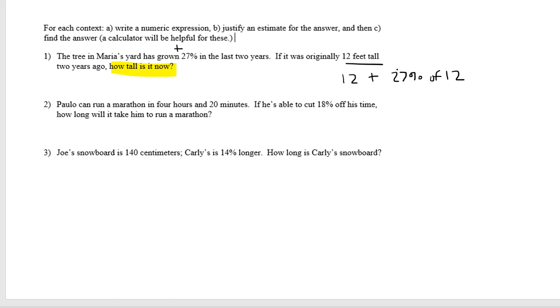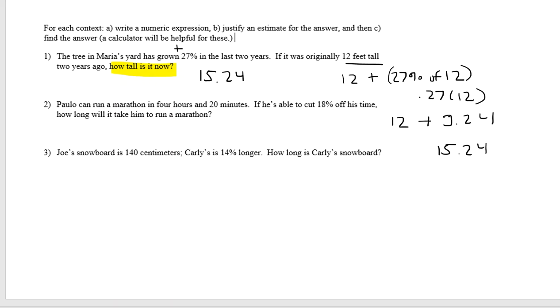Okay, so we need to do this multiplication first. 27% of 12 would be 0.27 times 12, and that is 3.24. And then we add that to the 12, so we end up with 15.24. Okay?